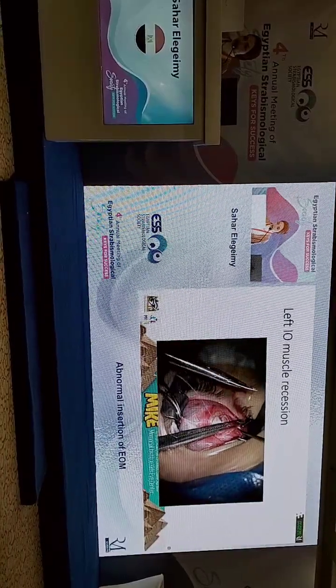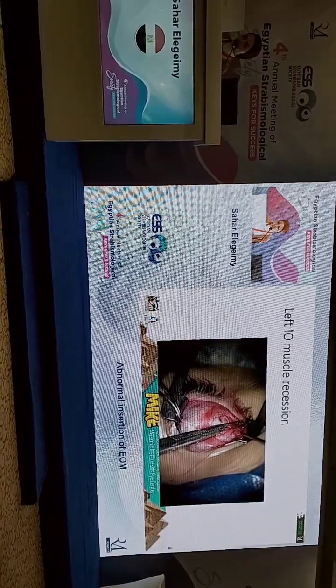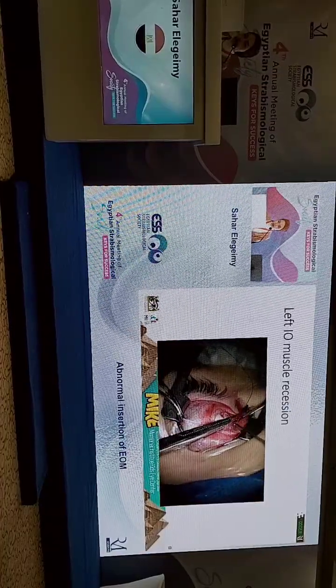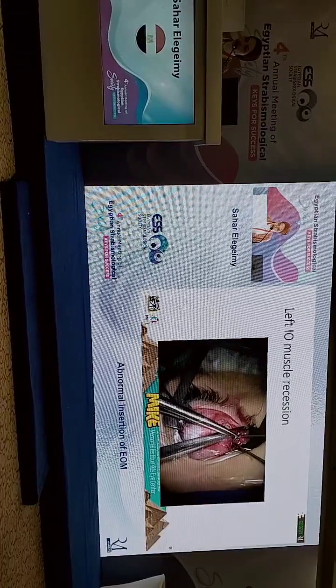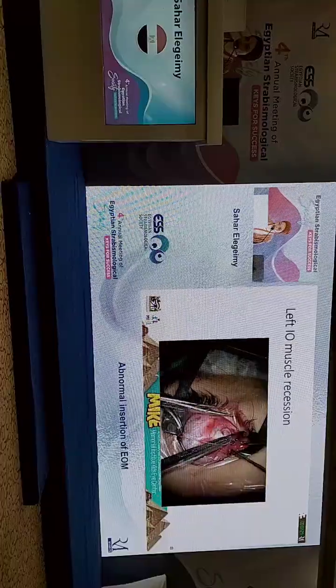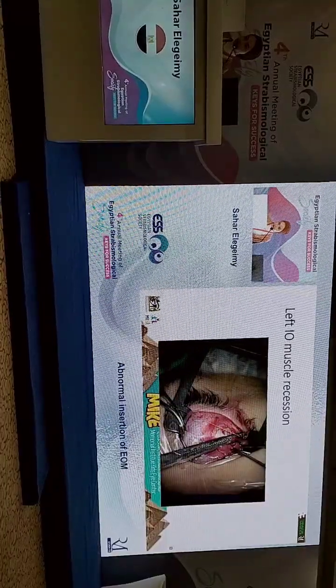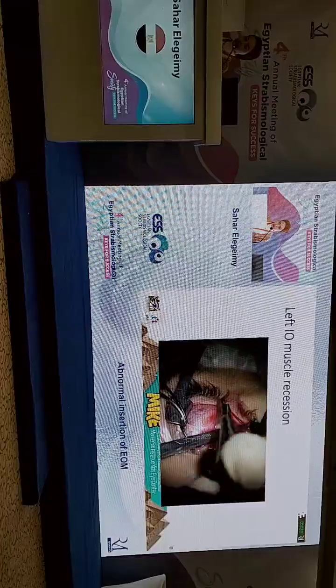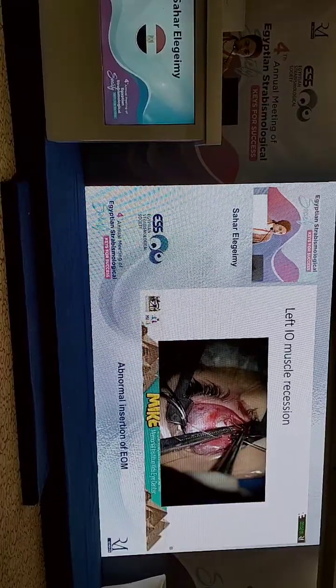I started to do the inferior oblique muscle recession in the conventional way after taking the advice of my senior. I started to suture the muscle with Vicryl 6-0 absorbable suture. You notice that the muscle is not as usual, it's a little bit thin.